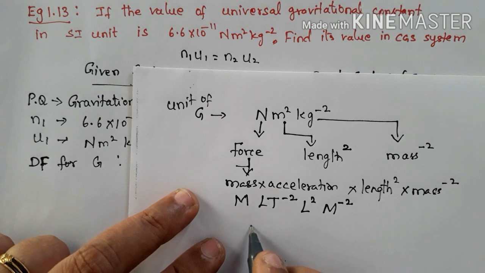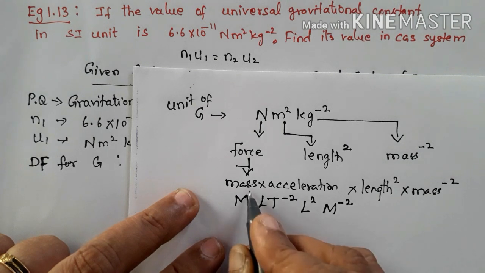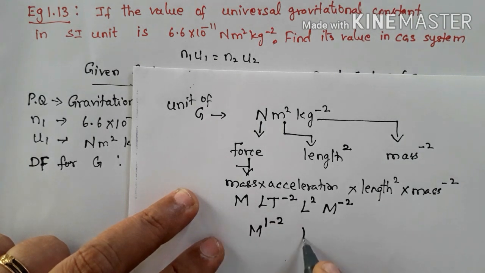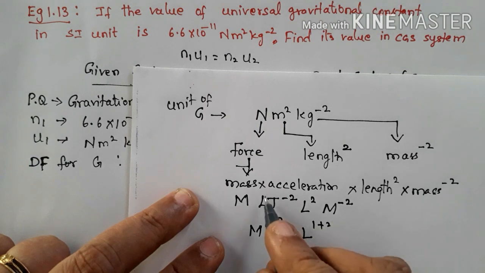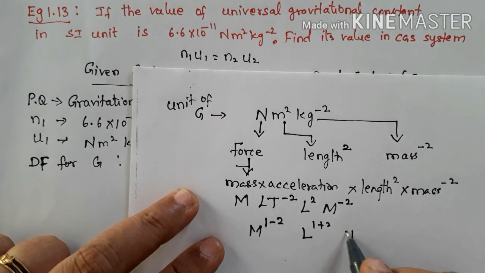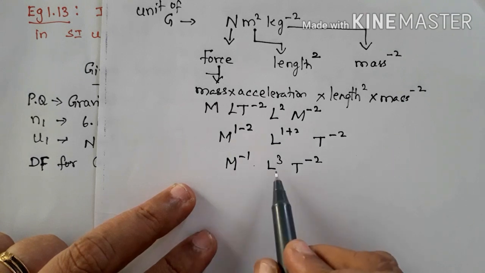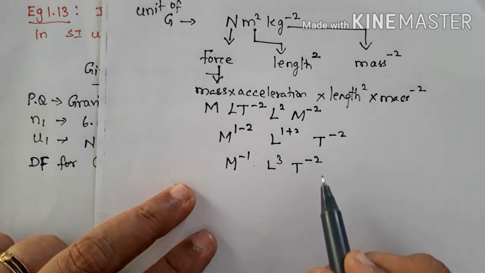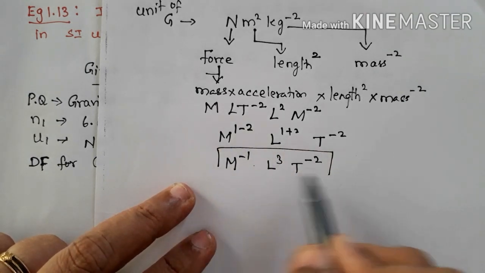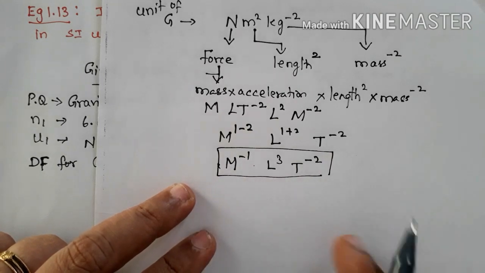Shall we club this? So what you will get? M power 1 minus 2, L power 1 plus 2 and T power minus 2. So M power minus 1, L cube, T power minus 2 is the dimensional formula for gravitational constant.